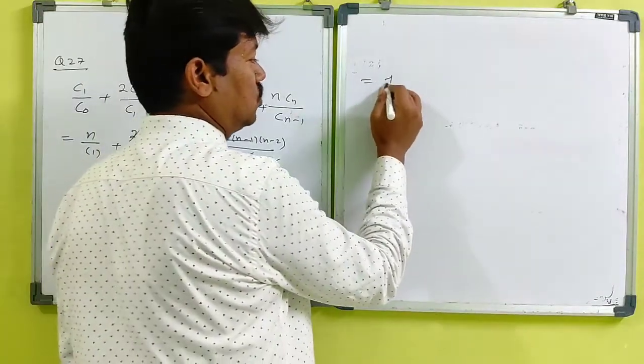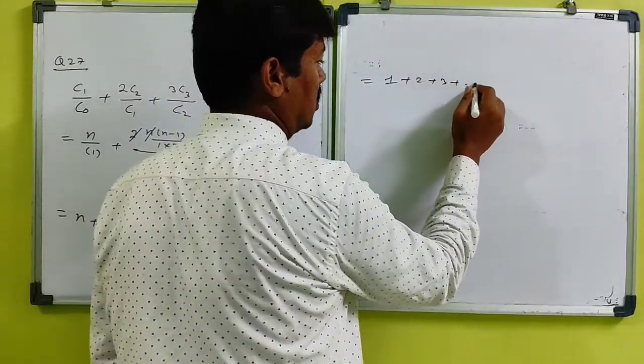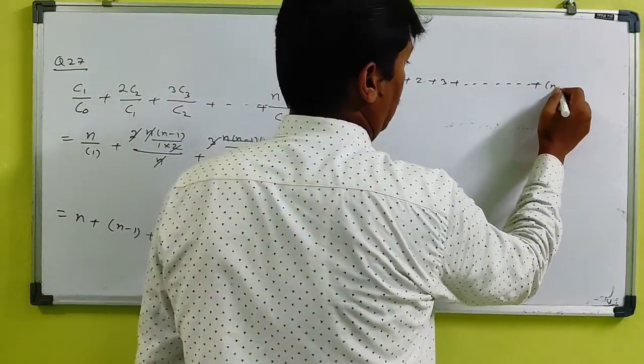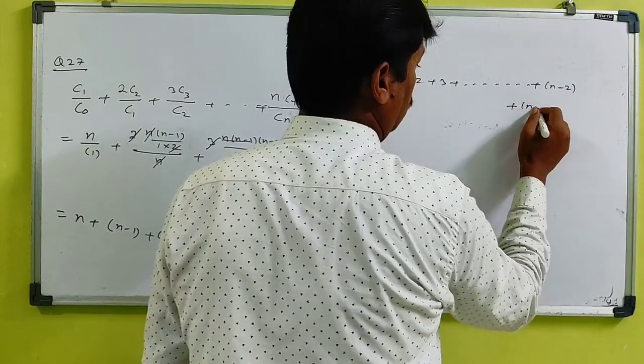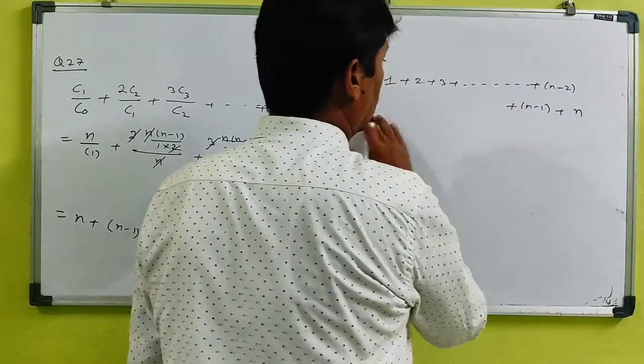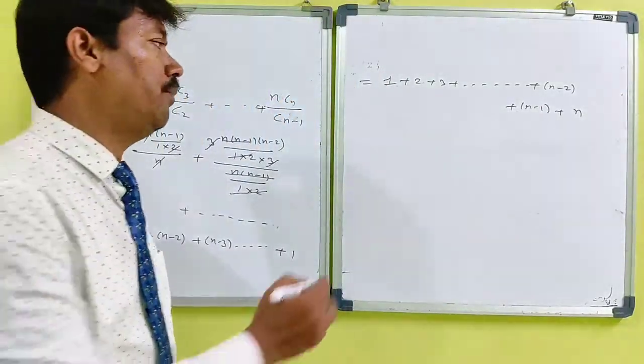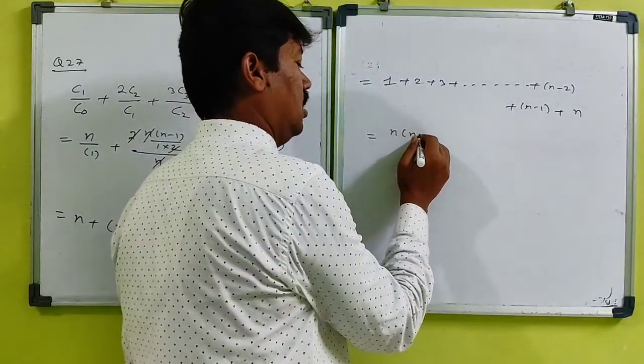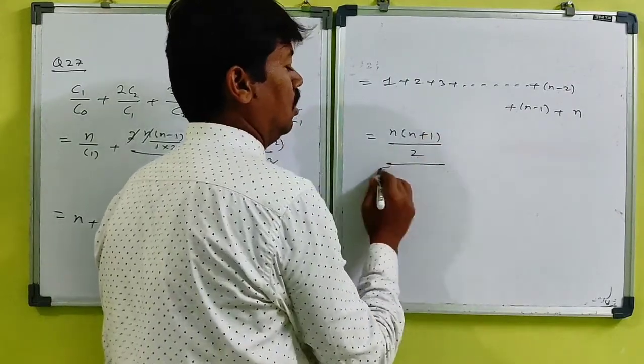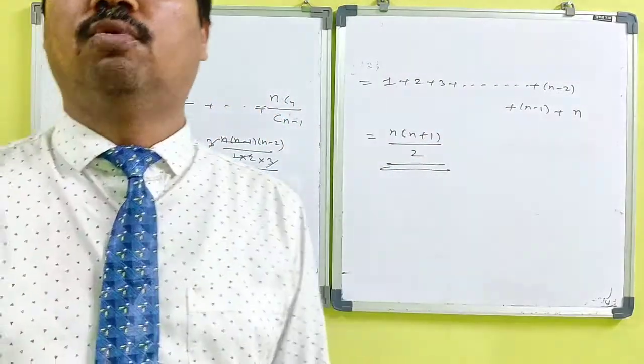If you write it in the reverse direction, it is 1 plus 2 plus 3, up to n minus 2, n minus 1, and the last is n. That is nothing but the sum of n natural numbers. The sum of n natural numbers is n into n plus 1 upon 2. So your answer should be n plus 1 upon 2.